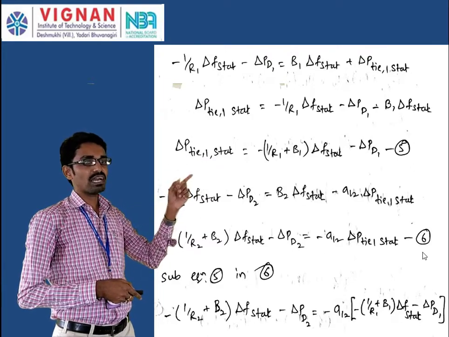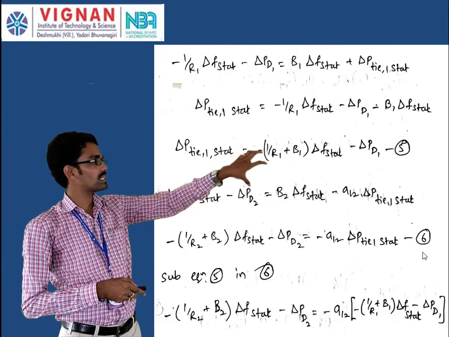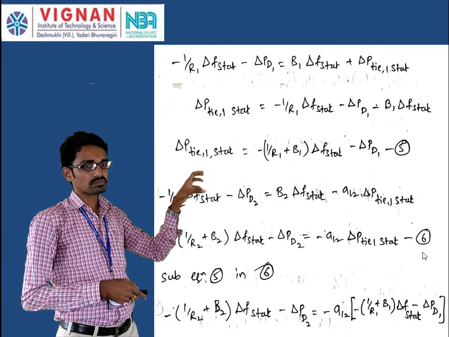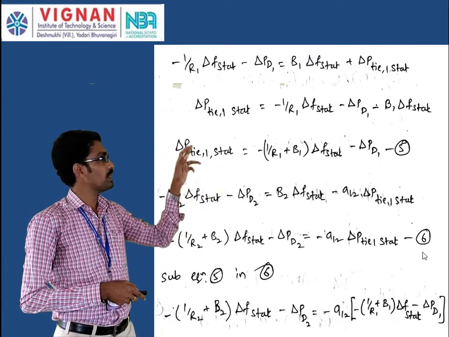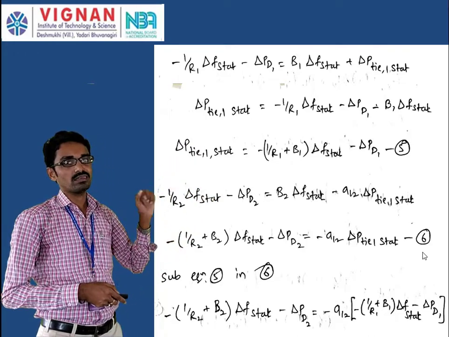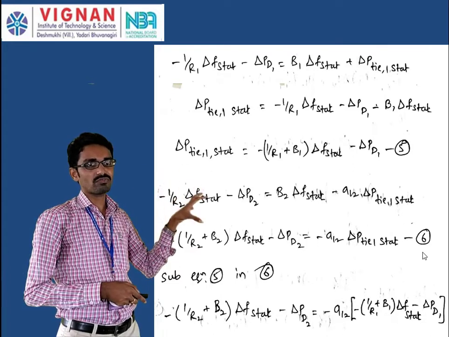Taking delta P T1 static to the left side, delta P T1 static is equal to minus 1 by R1 delta F static minus delta PD1 plus B1 into delta F static. So by rearranging the terms in equation 1, you are going to get equation 5.